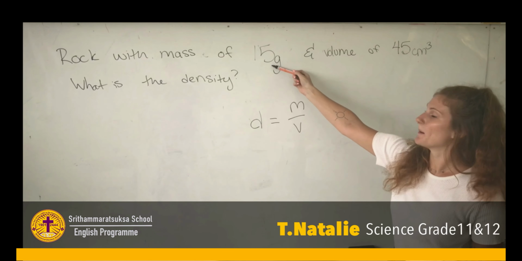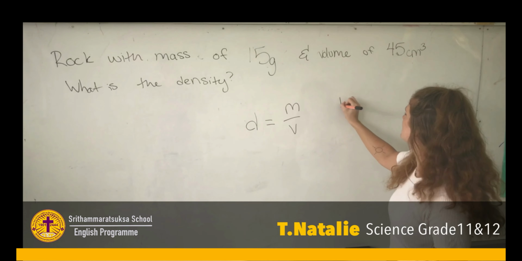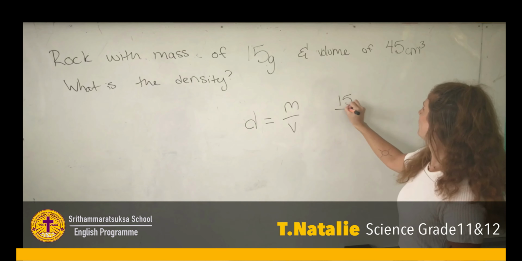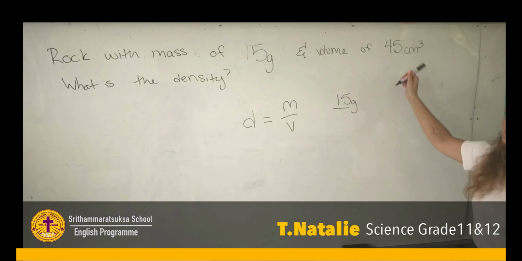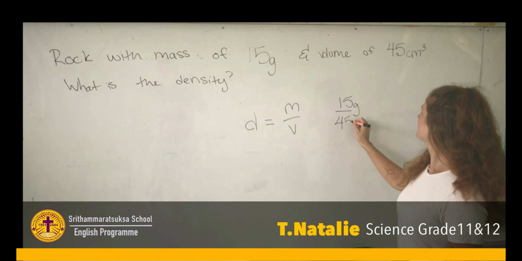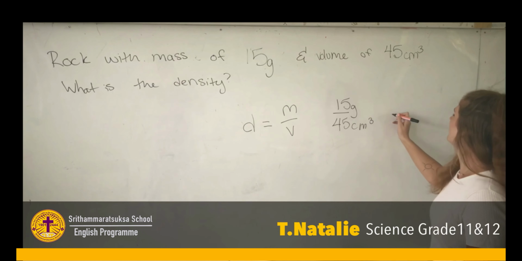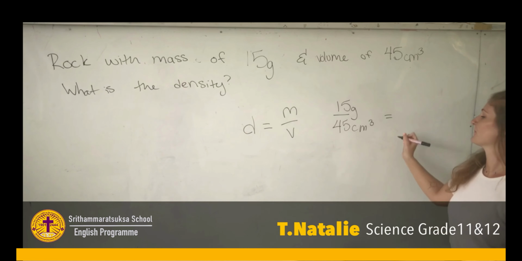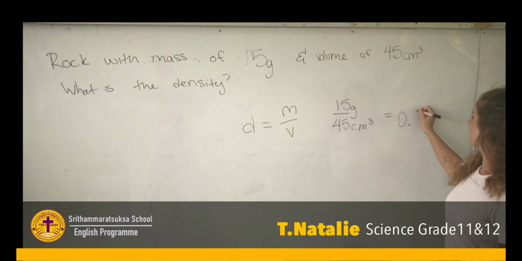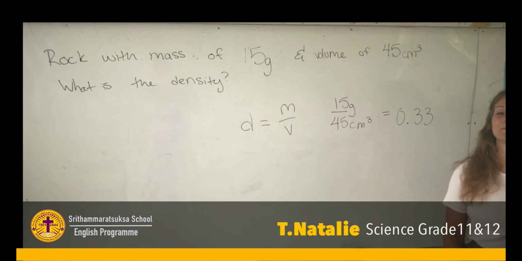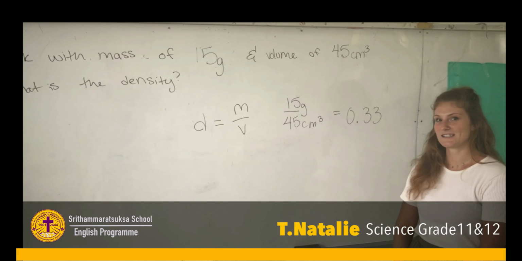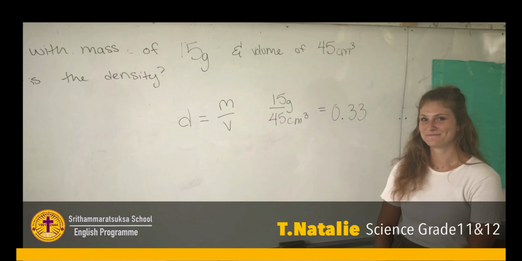So we'll take the mass, 15 grams, over 45 centimeters cubed, which will give us 0.33. Will this object sink or float?